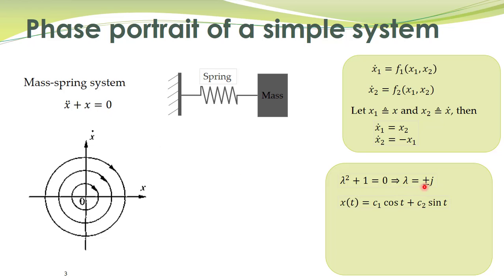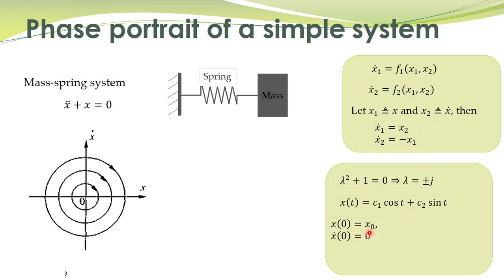If the poles are purely imaginary, then we have this kind of solution, where C1 and C2, what are these things? These are constants, which can be determined by the initial conditions. So let's take this initial condition, that is x of 0 equal to x naught and x dot of 0 equal to 0.